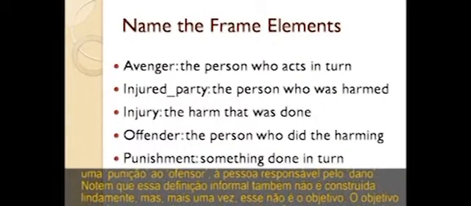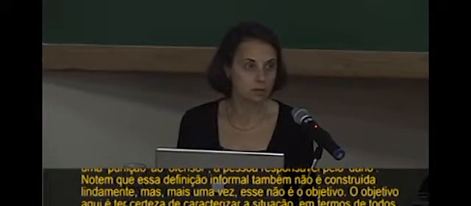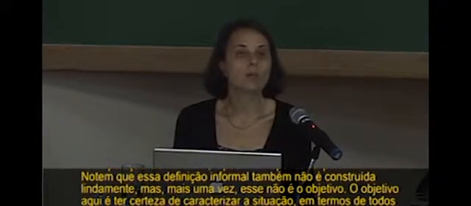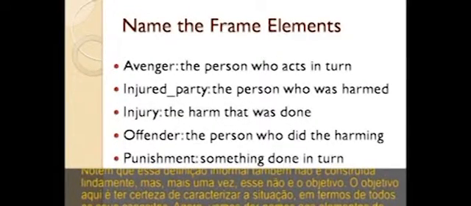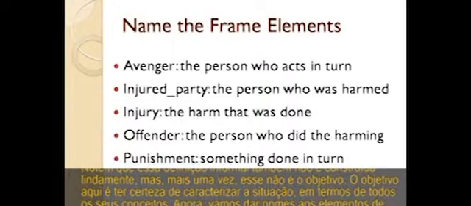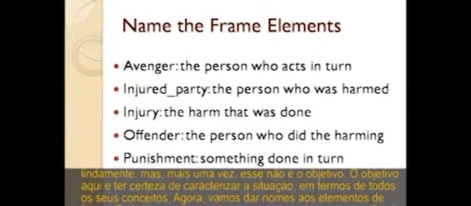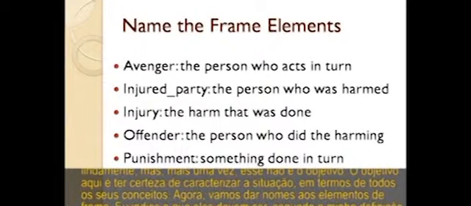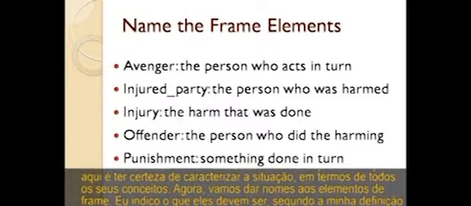Let's call the person who was harmed the injured party. Let's call the harm that was done the injury. Let's call the person who did the harming the offender. And let's call that which was done in turn the punishment.